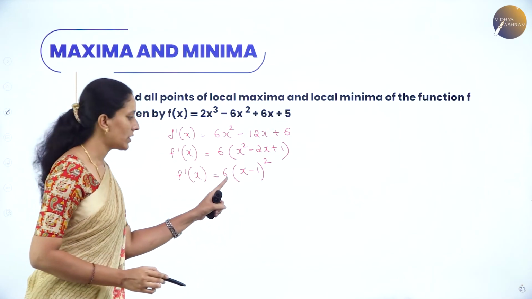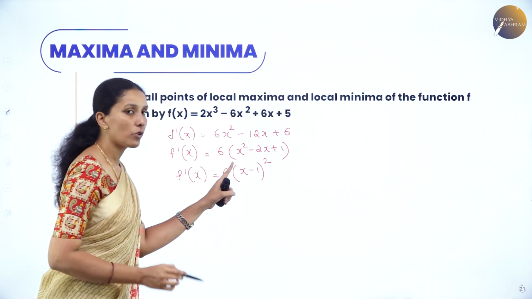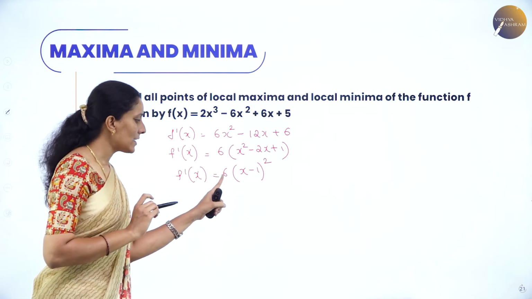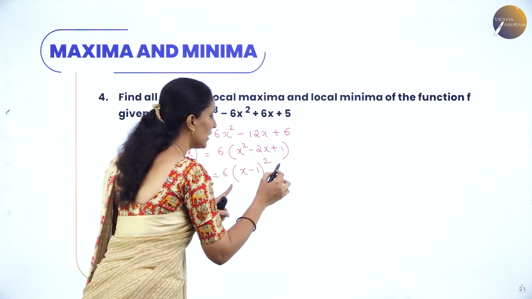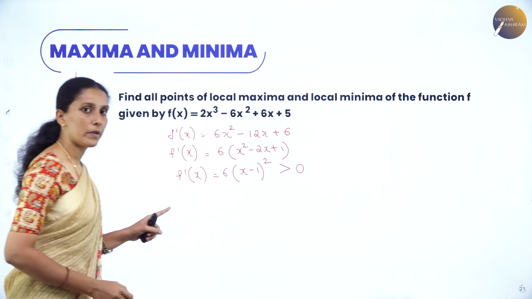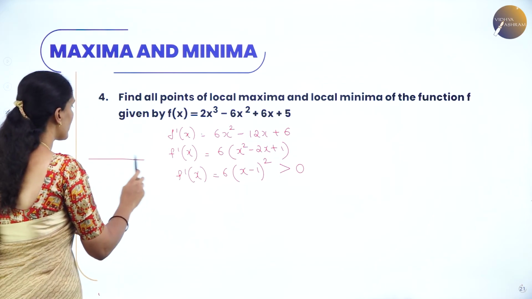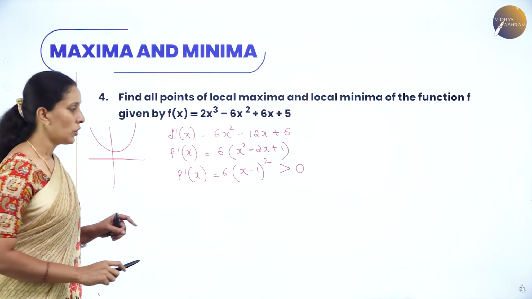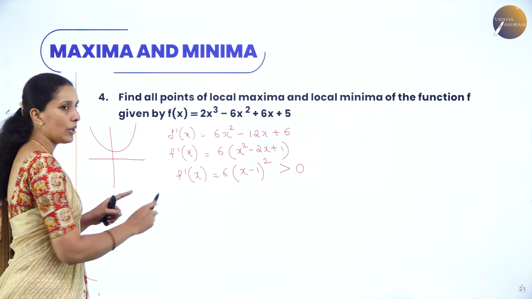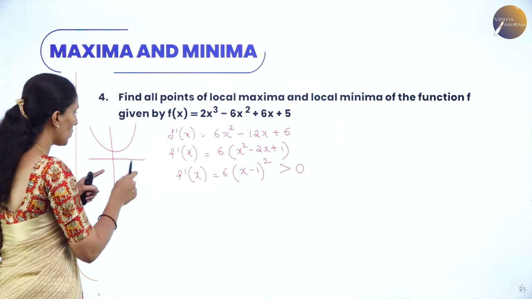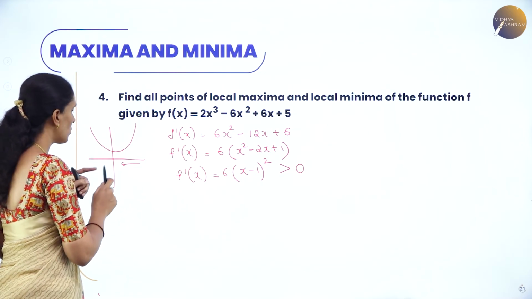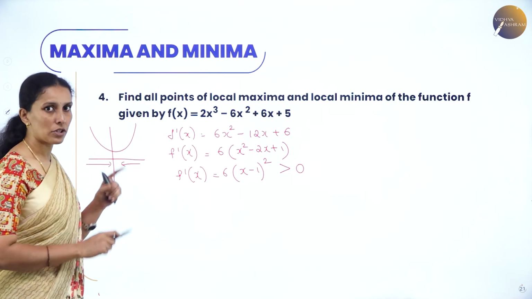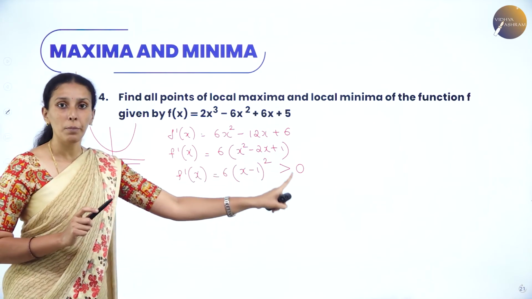So clearly you see x minus 1 whole square is a positive quantity and 6 is a positive quantity. Thus it is greater than 0. That means f dash of x will be in the form of a curve like this. For any point close to the right or close from the left, the value of the function is only positive.